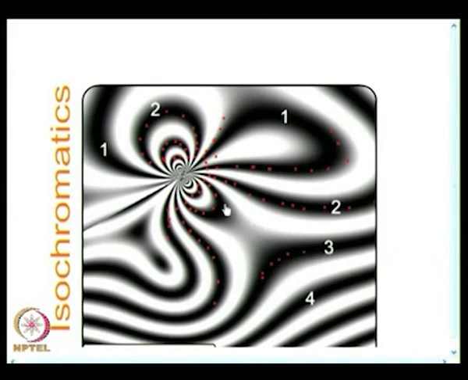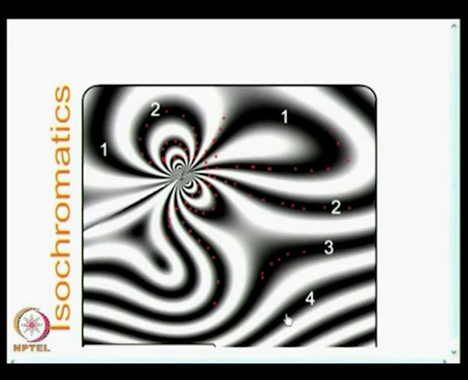So, I have this as fringe order 3, 4, 5, and here also fringe order increases mainly because you have this as the contact stress field. So, here again the fringe orders increase. By any standards, it is a very complex fringe field. You will have to appreciate that this is a very complex fringe field, and it is a demonstration that the multi-parameter stress field equations are able to capture even such a complex situation.